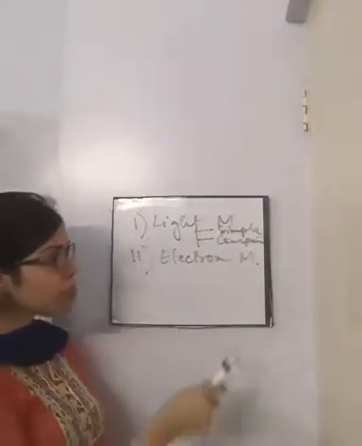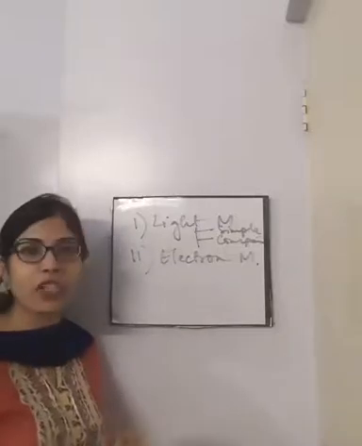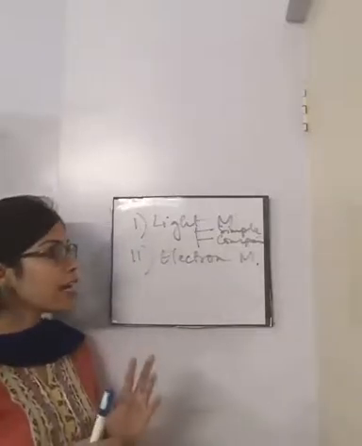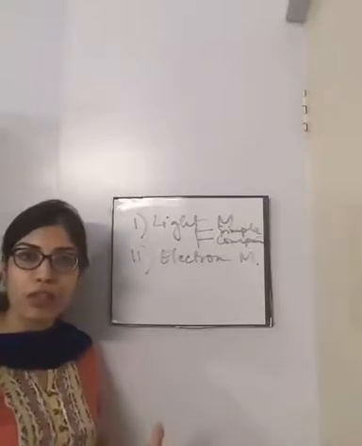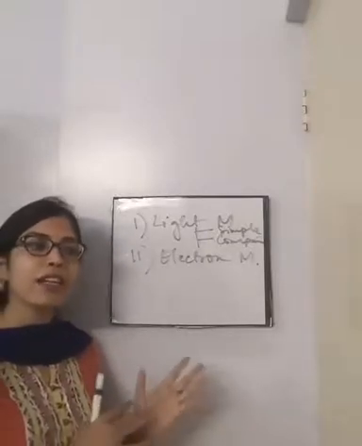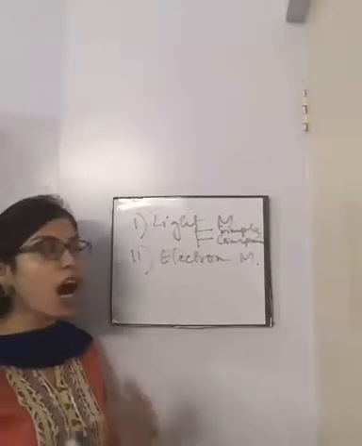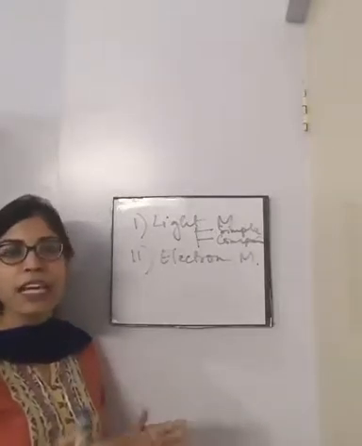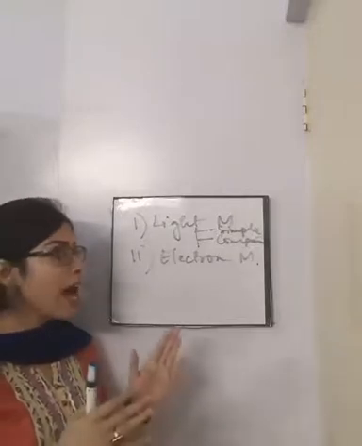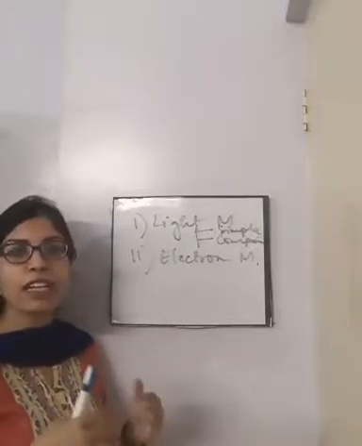Clear? But the electron microscope does not need light. It works with the help of electrons. How an electron microscope works is a completely separate topic, but the basic principle is that it does not need light and it works with the help of electrons.